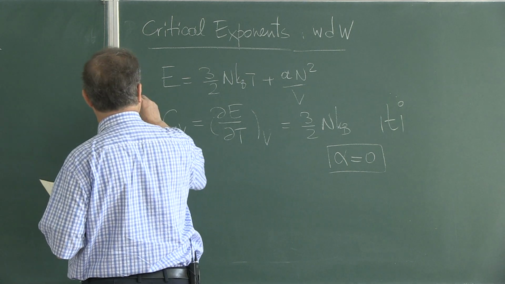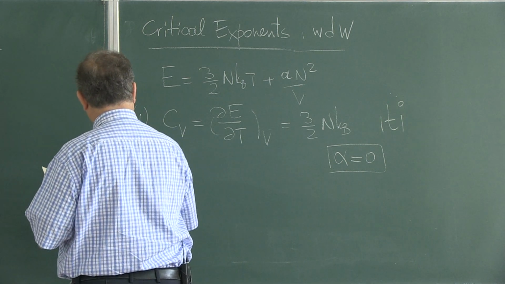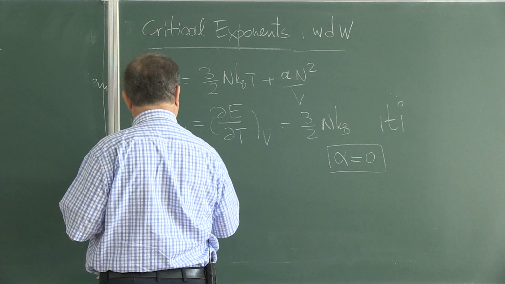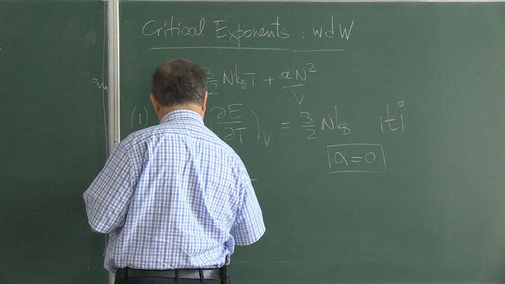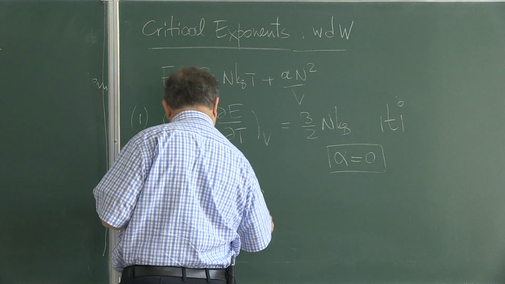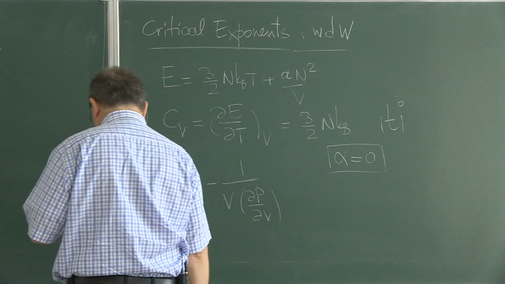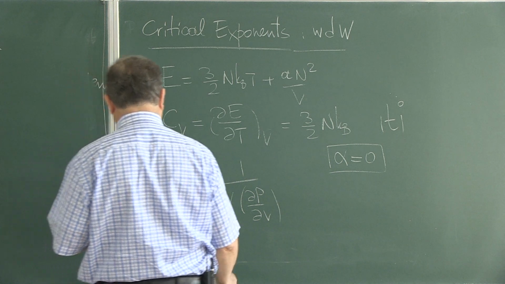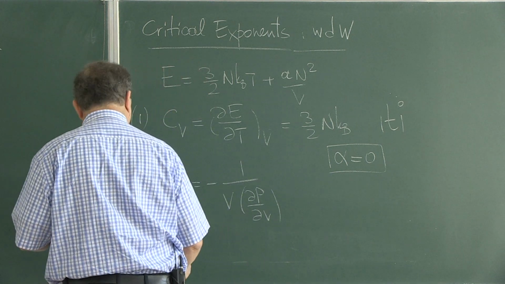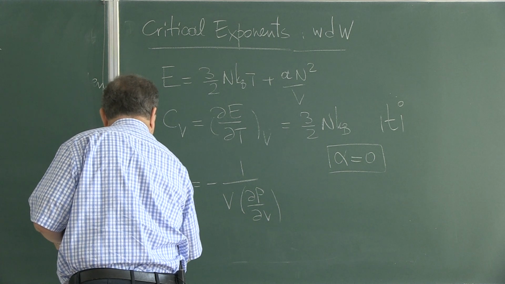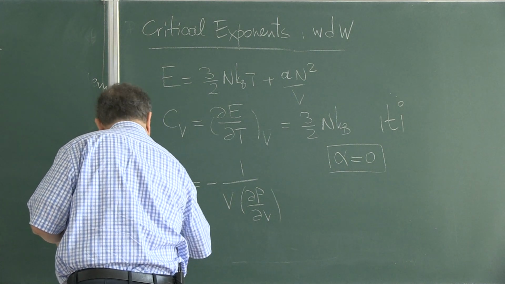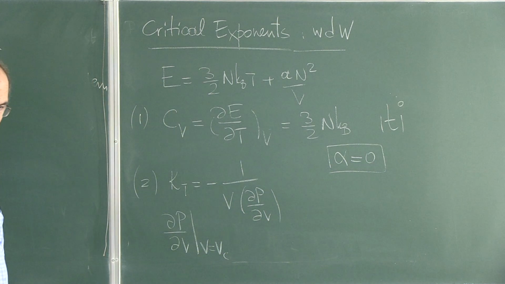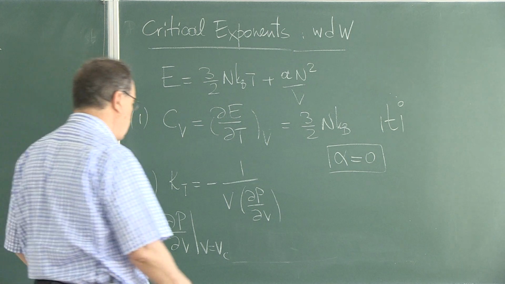Isothermal compressibility, which is minus 1 over V dV/dP. Let's calculate dP/dV at V equals critical volume. We have calculated these critical values, remember.